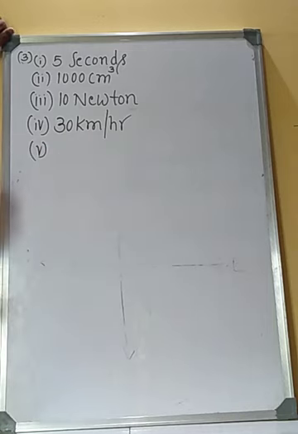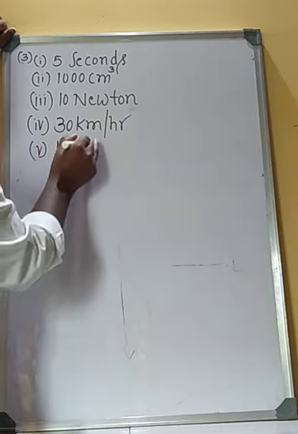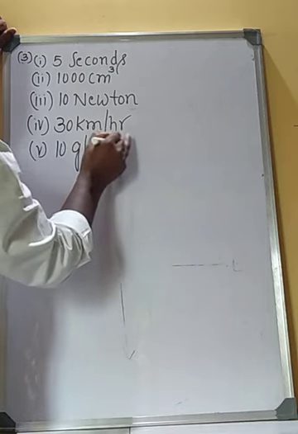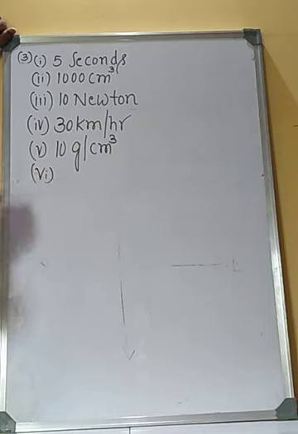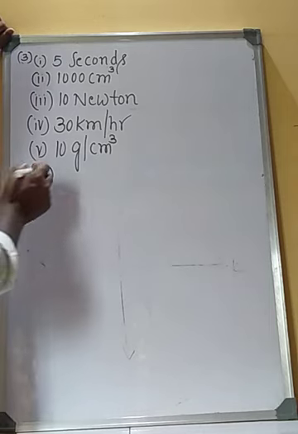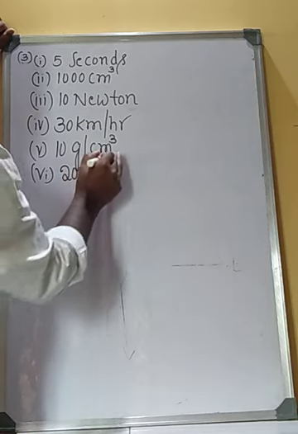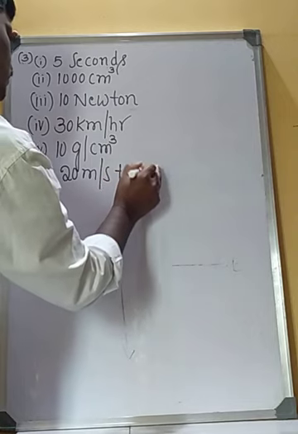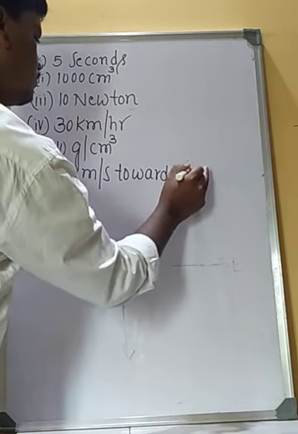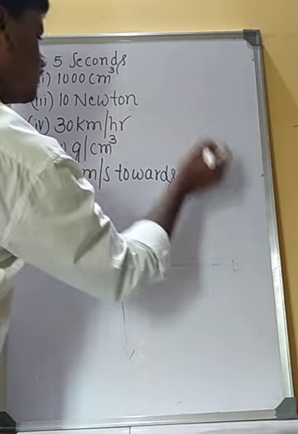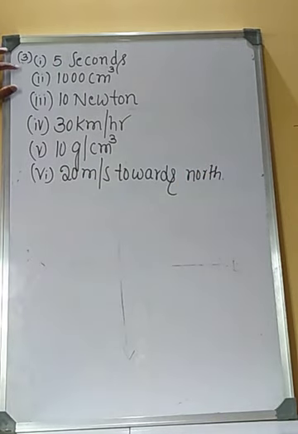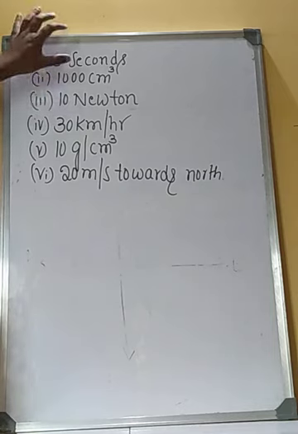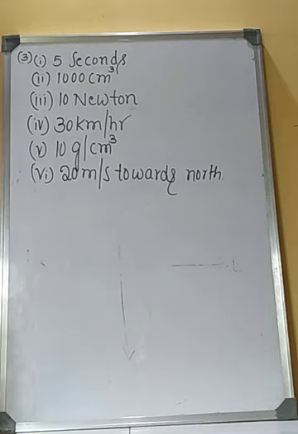Fifth one, 10 gram per centimeter cube. Sixth one, 20 meter per second towards north. In these measures, what are the scalars and what are the vectors?